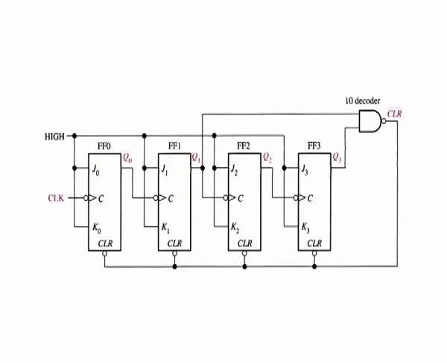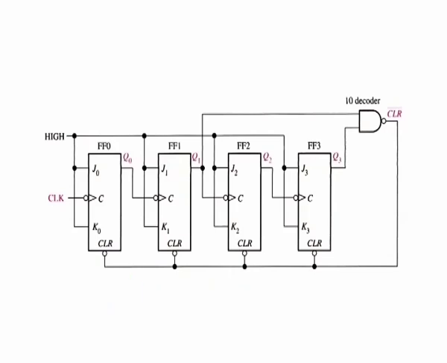Let us use a 4-bit asynchronous counter such as the one shown here and modify its sequence to illustrate the principle of truncated counters. One way to make the counter recycle after the count of 9 is to decode count 10 with a NAND gate and connect the output of the NAND gate to the clear inputs of the flip-flops.